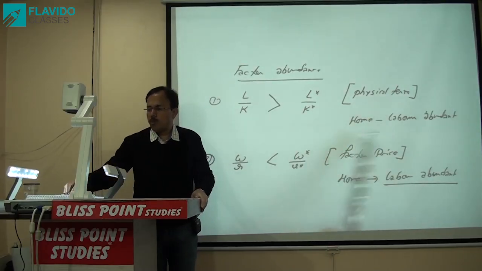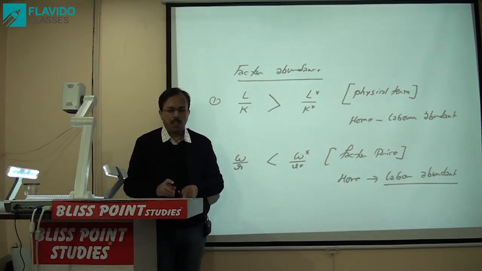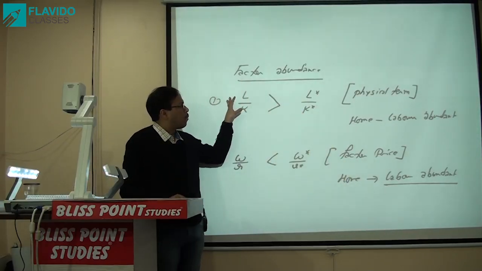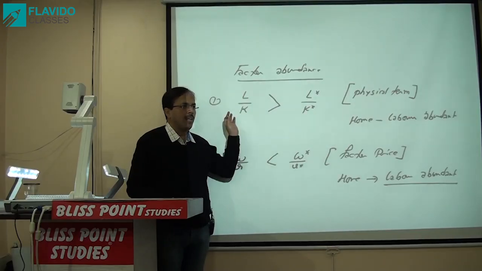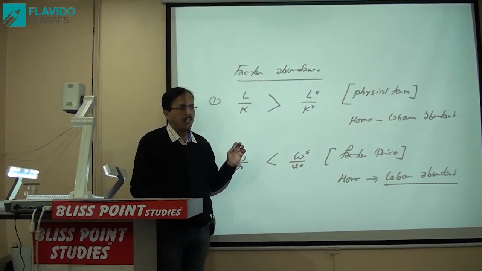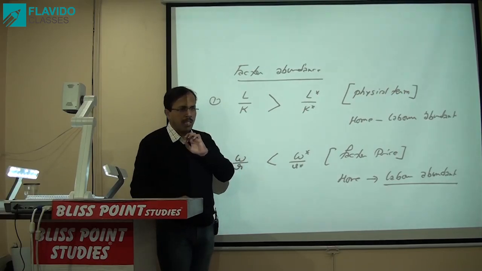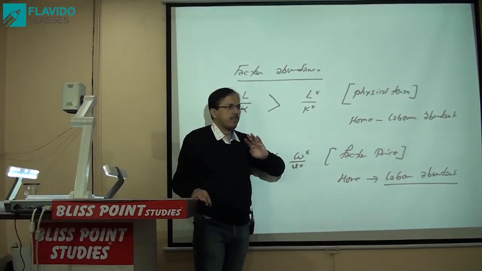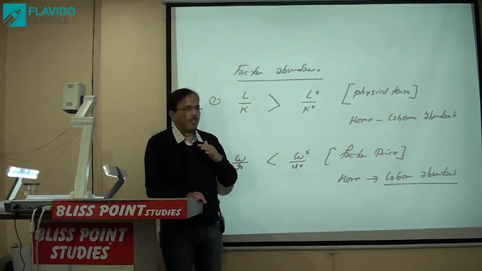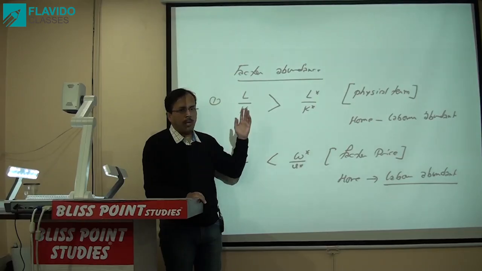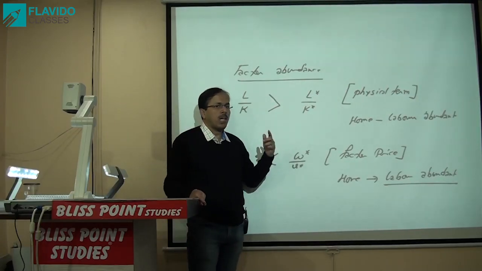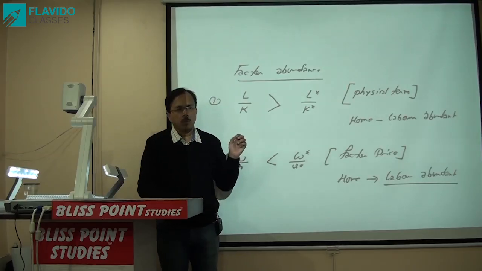In physical term, remember, don't just write the equation and leave it. You have to write it in a sentence. So how will you write this statement in a sentence? Home country is labor abundant if the proportion of physical quantity of labor to capital in that country is more as compared to the ratio of physical quantity of labor to capital available in the foreign country.